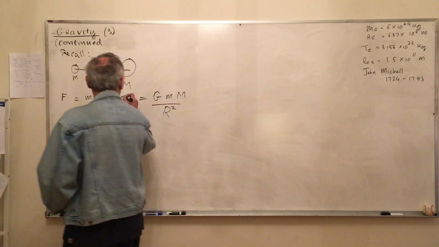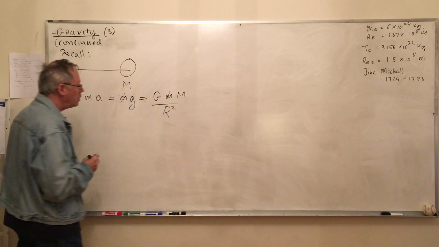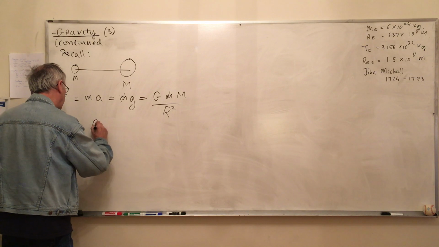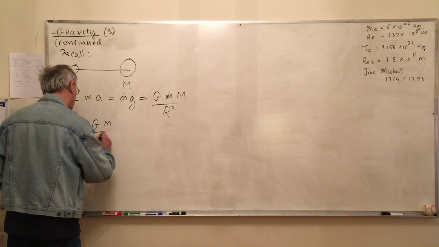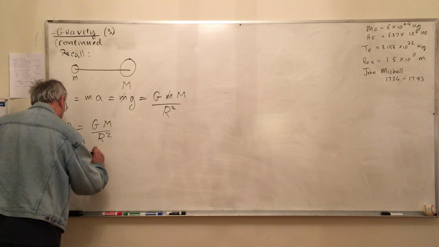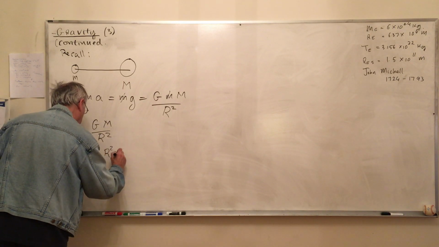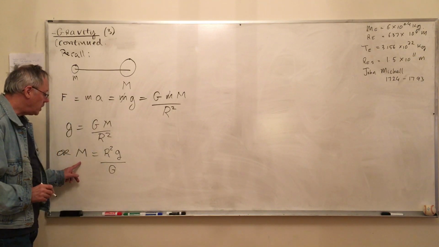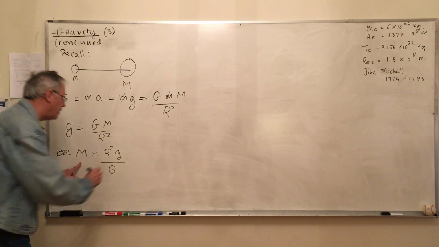So therefore, without thinking too deep about it, we can cancel the little m's to get the acceleration due to gravity given by GM over r squared, or the mass of the earth equals r squared little g over big G. Cavendish's experiment allows us to find the mass of the earth.